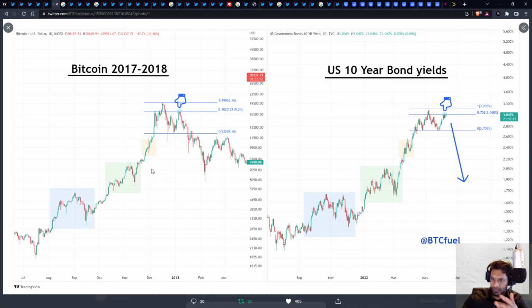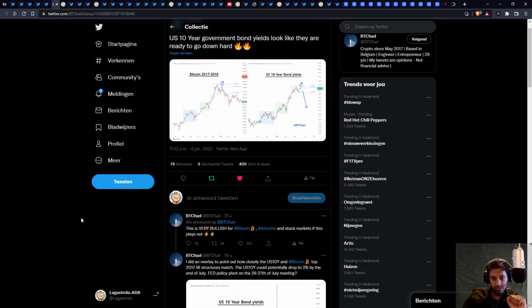It's not completely one-on-one, of course, but it's indicating that US bond yields are going down, which is going to be bullish for Bitcoin. So hopefully this is going to play out, and we can see a rebound in the Bitcoin chart up to 39K. And be very skeptical when the relief rally comes up.